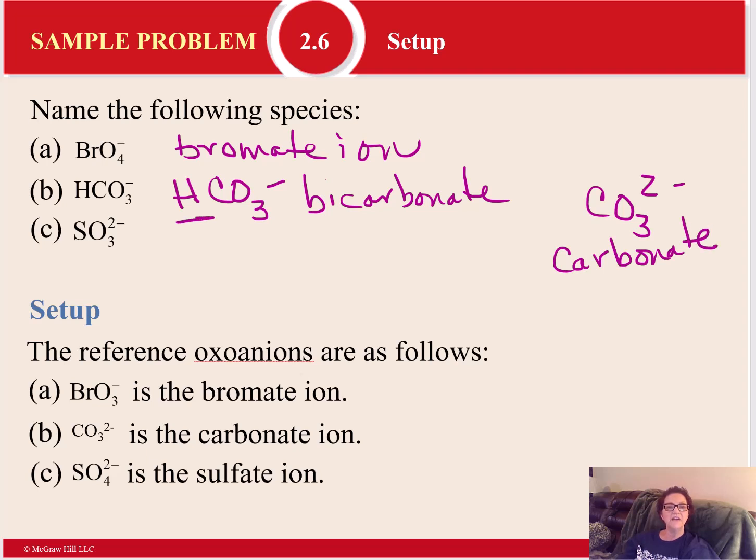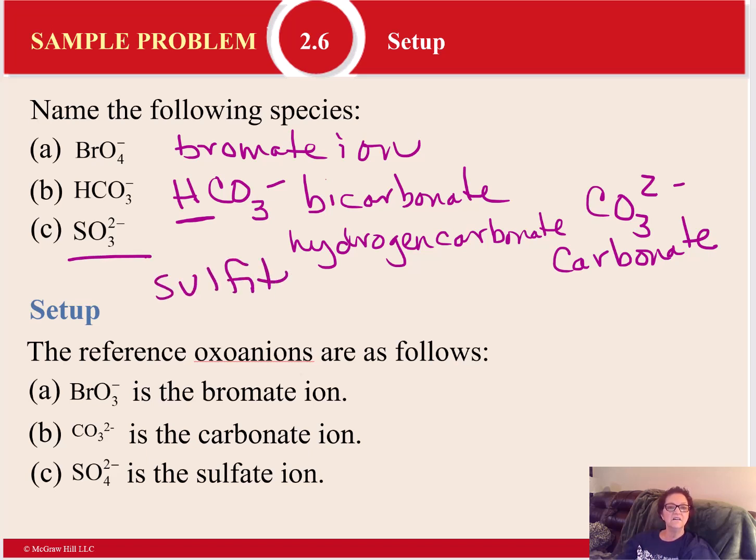So adding this H, you'd either name it as hydrogen carbonate or bicarbonate. And then finally, SO3 2- is sulfite ion, because the sulfate is SO4 2-.